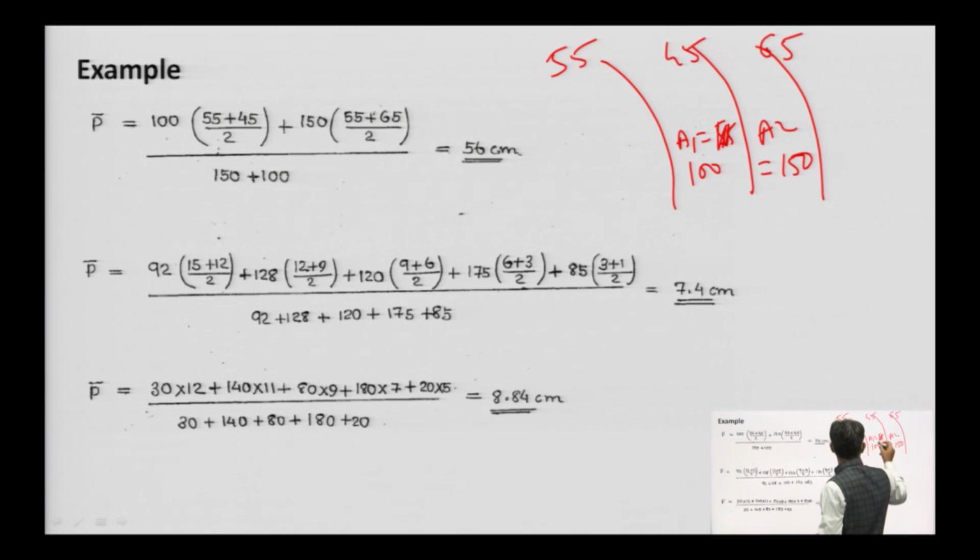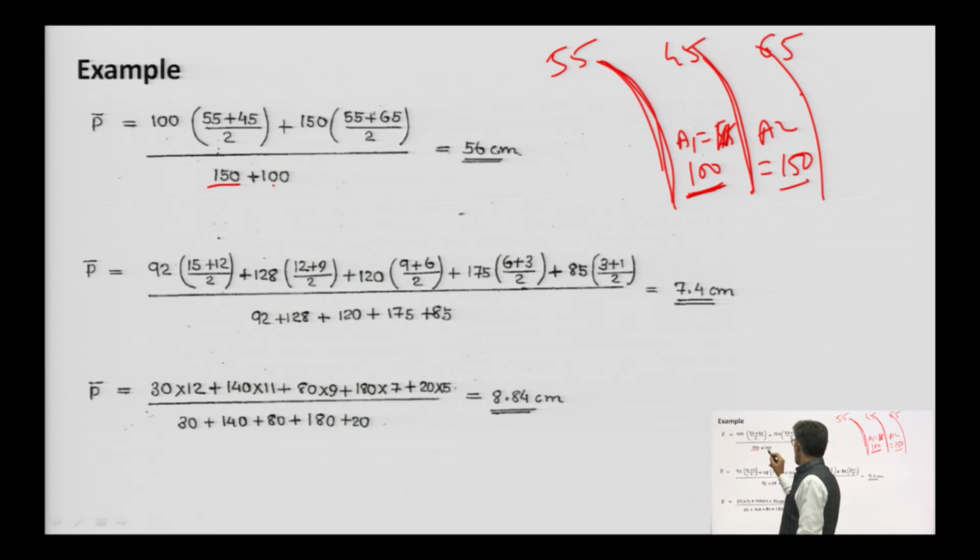So, the area covered between rainfall 55 and 45 is 100, and 150 is the area between 45 and 65. So, the mean precipitation can be calculated by this. Total area is 100 plus 150.